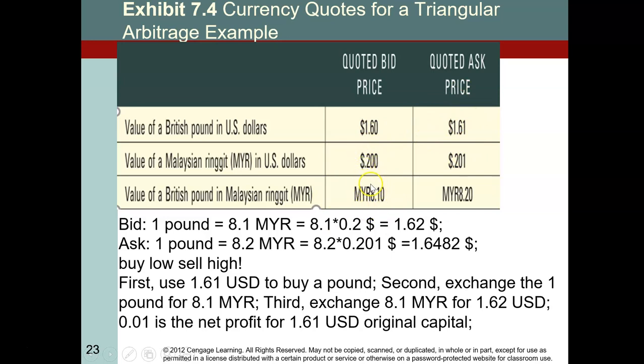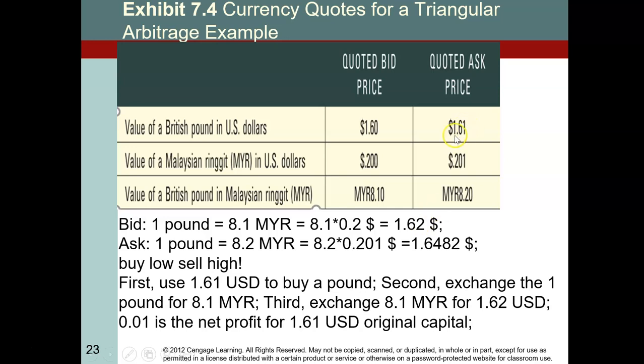We first exchange the pound for MYR at 8.1, and then we exchange 8.1 MYR for $1.62 using the 0.2 exchange rate for MYR. Or you can see our bid price here, 1.62, directly. Using the second and third steps here, 1 pound can be exchanged for $1.62.